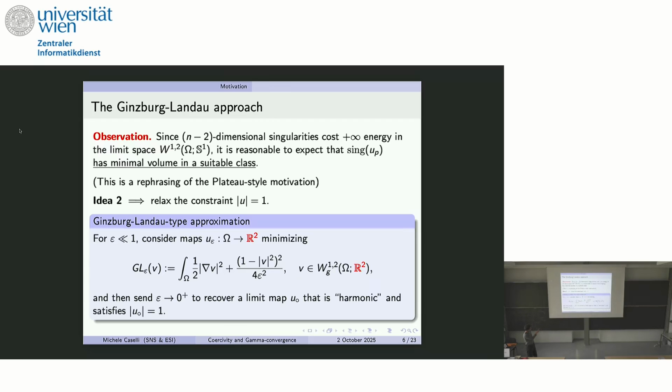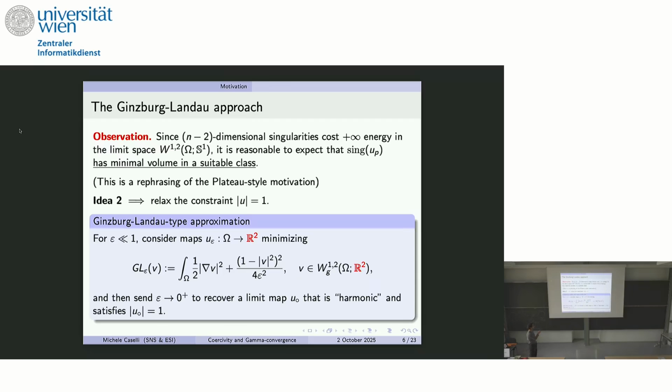Instead of considering maps with values in S1, you allow the maps to have values in R2, okay? And you minimize the Dirichlet energy plus a penalization term that when epsilon goes to 0 will force your maps to have modulus 1 almost everywhere.